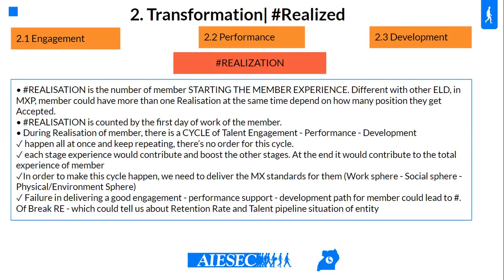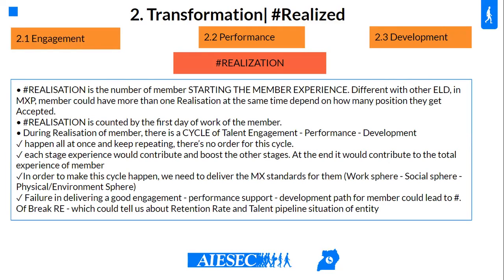Realization, as we said before, is the number of members starting the member experience. It's counted by the first day of work, like the first day I officially begin my role as MCVP TM and OD. Not when I was having transition, not when I was filling my initial personal development tool with my direct team leader.